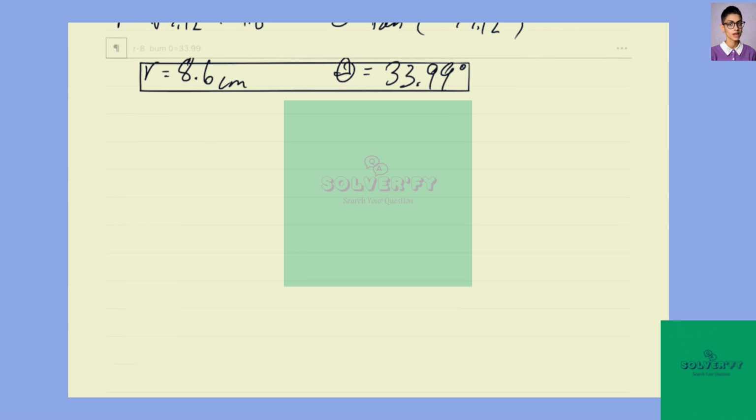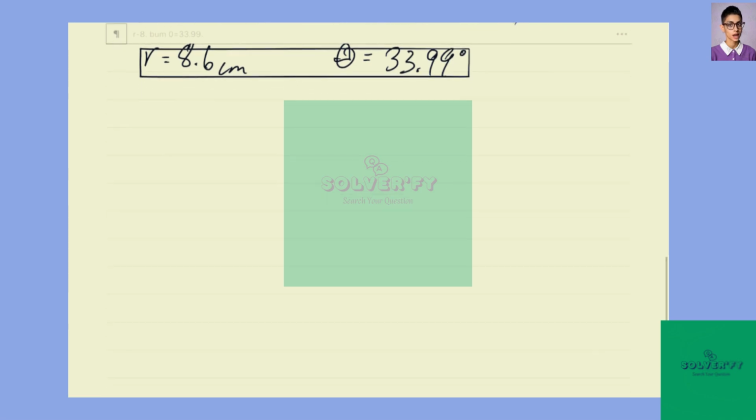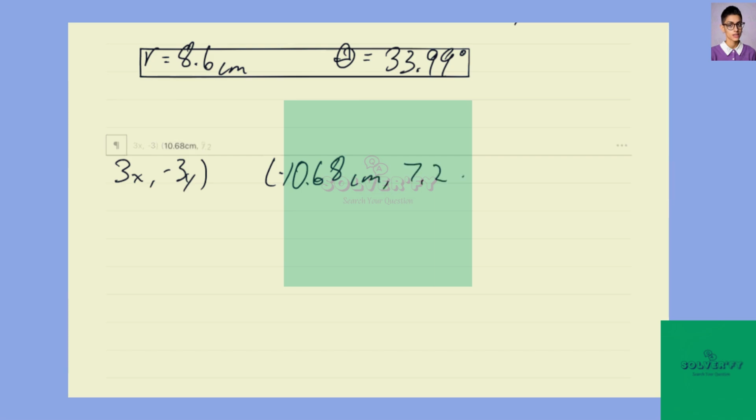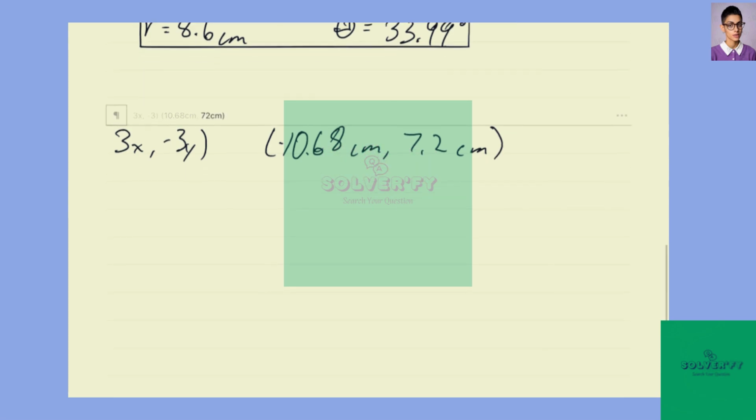Part D is the same as Part B and C, just at the Cartesian coordinates 3x and negative 3y, which is the point negative 10.68 centimeters, 7.2 centimeters.